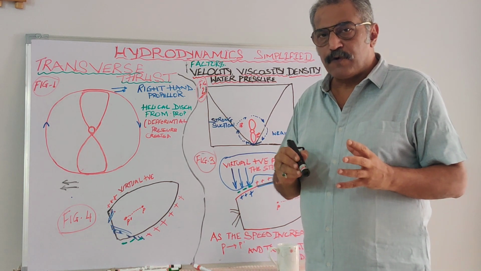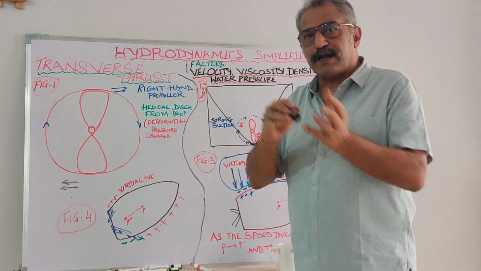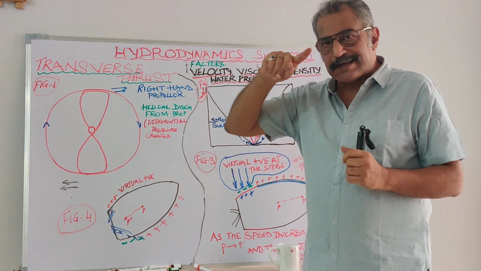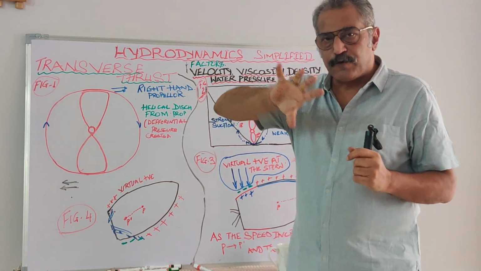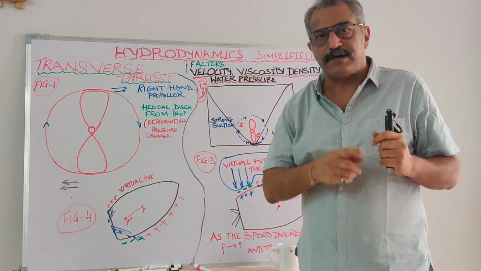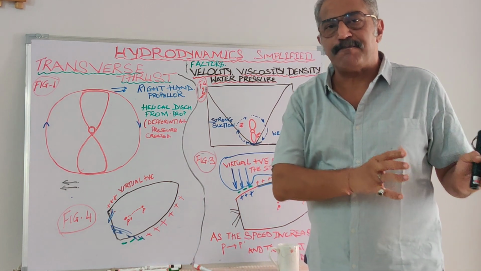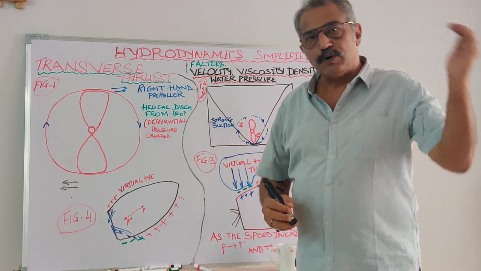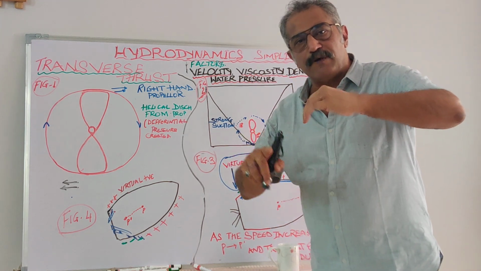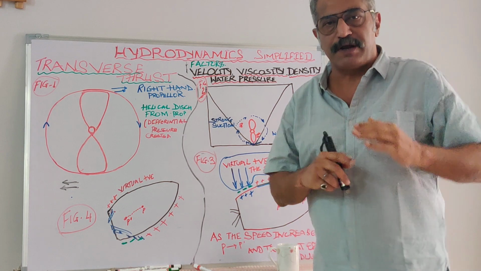The centrifugal force acts away from the center of rotation. When the propeller is turning to the right-hand side, there is a force created in the clockwise direction. Equal and opposite to that is a centripetal force, which is coming towards the center of rotation from where the centrifugal force is generating.